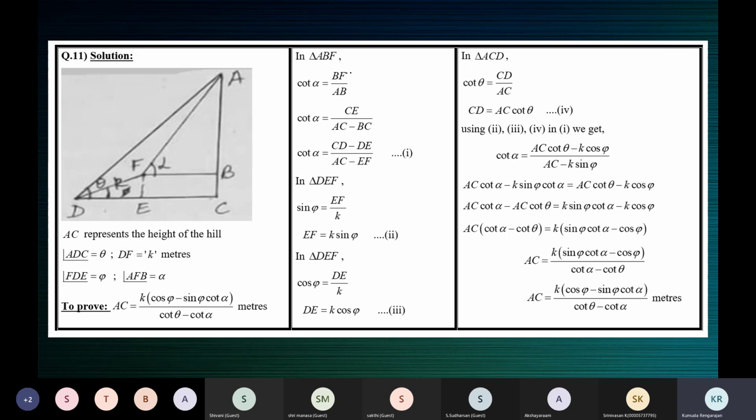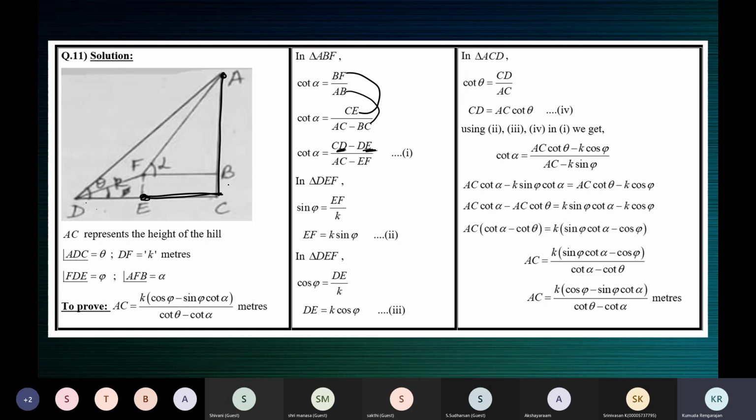The numerator BF is CE, opposite sides are equal, and the denominator AB is written as AC minus BC. Now further, CE can be written as DC minus DE. And AC we will find later.